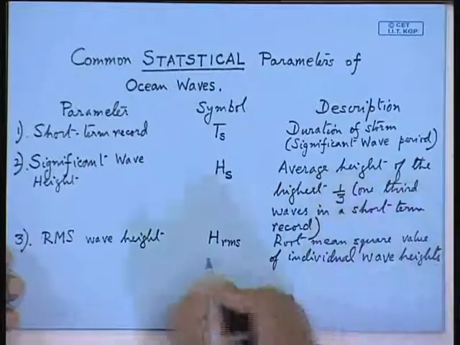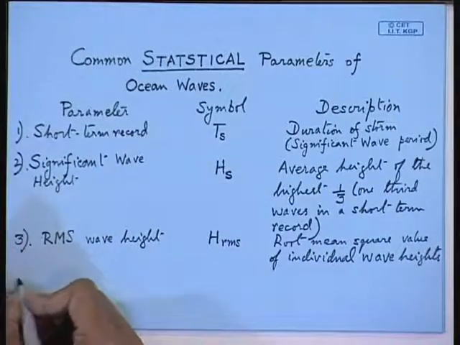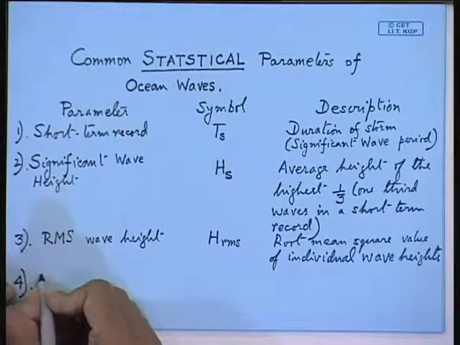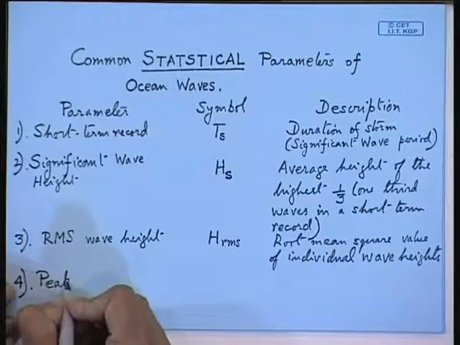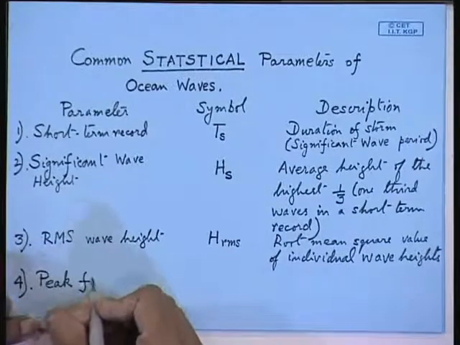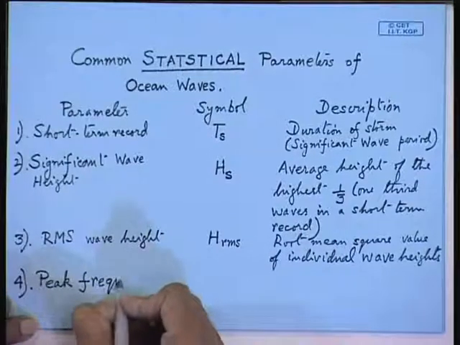So, RMS, we will see where this comes, and the other one is called the peak frequency. Now, all of you must have had a look at the spectra. You turn your pages and see the spectra, and there you will find the peak frequency.